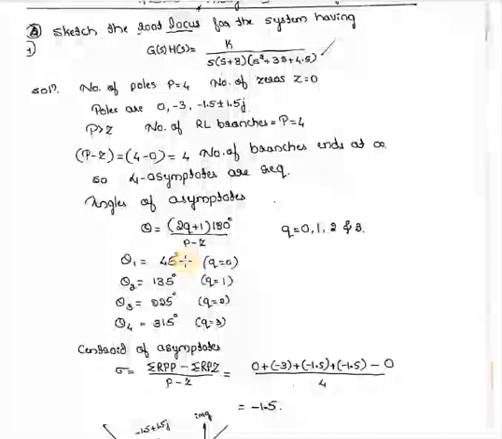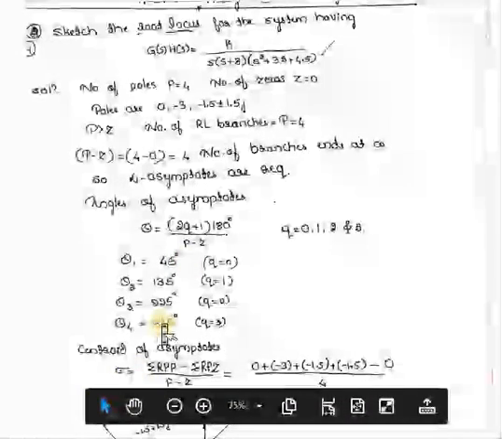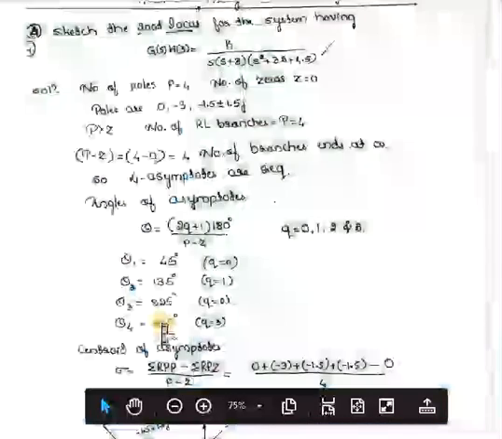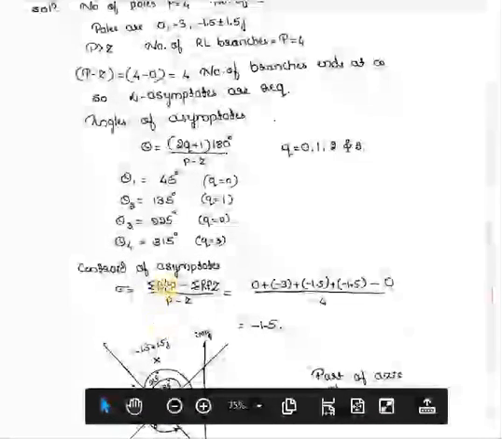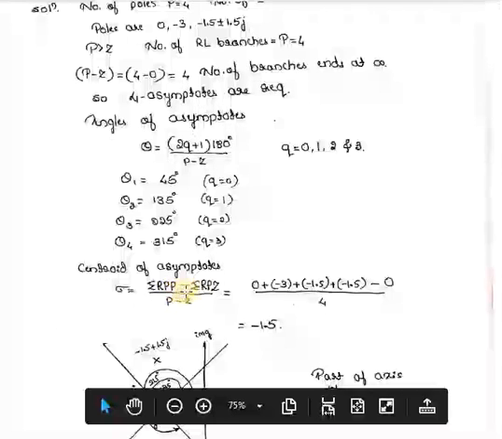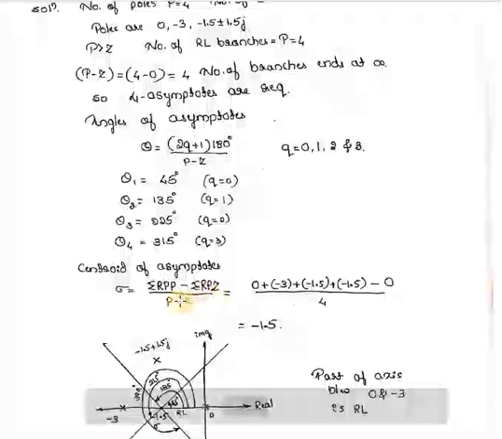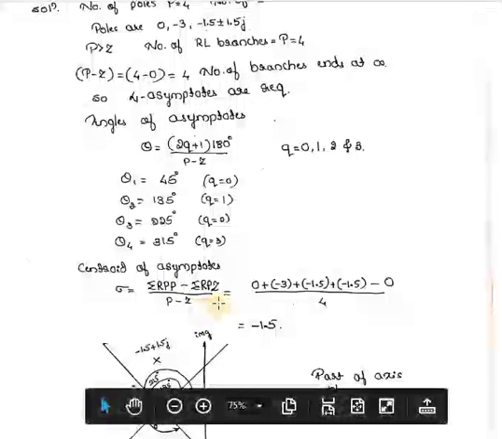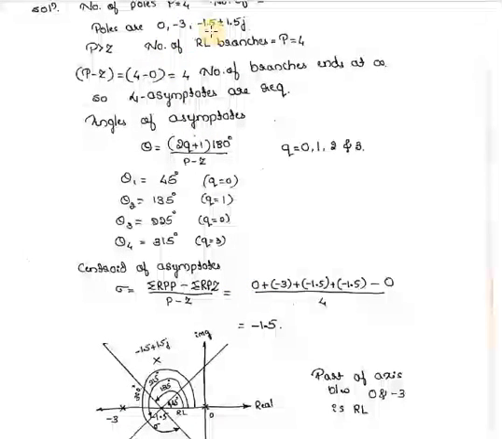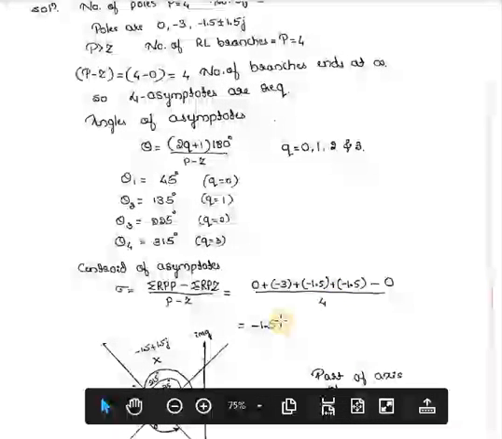For that, there is a formula: sigma equal to summation of real part of poles minus summation of real part of zeros divided by P minus Z. The real parts of the poles are 0, minus 3, minus 1.5 and minus 1.5, because there are two poles here. Minus, there are no zeros, divided by P minus Z, which is 4. Substituting that, you will get the centroid sigma as minus 1.5.